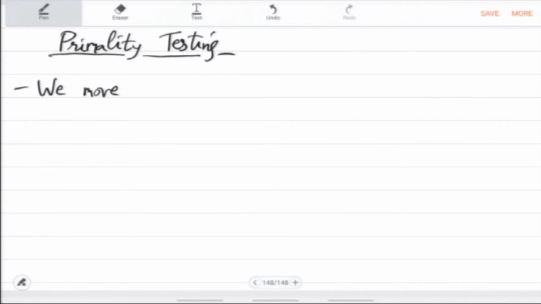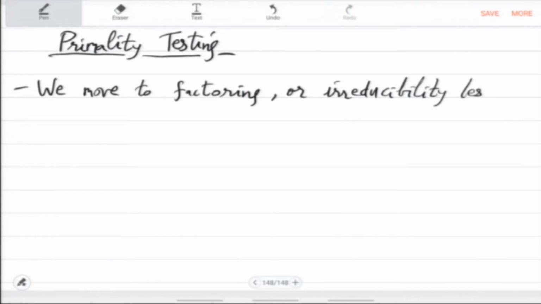So we move to factoring or irreducibility testing of integers.